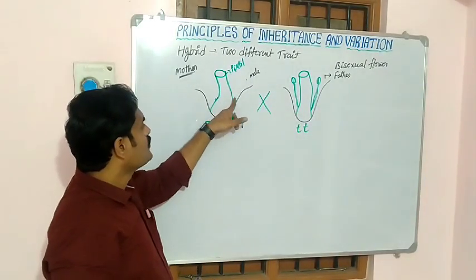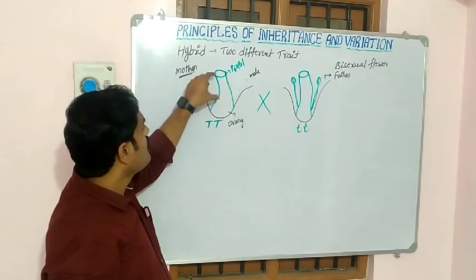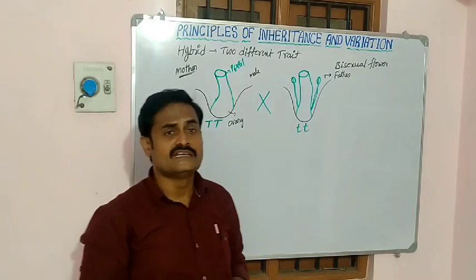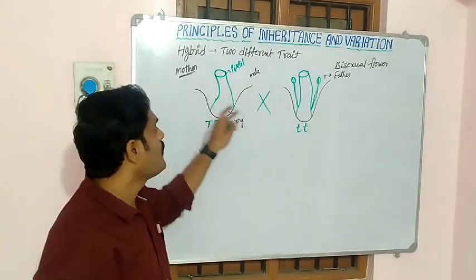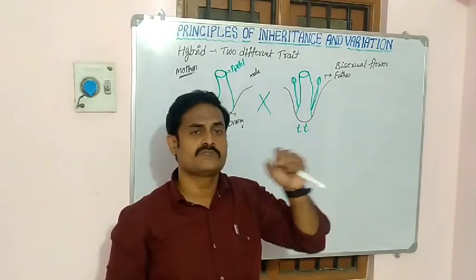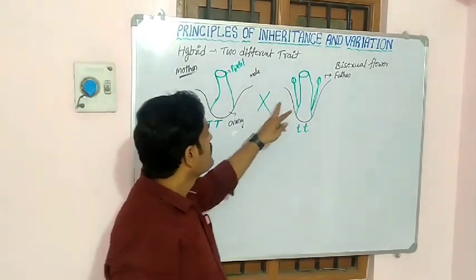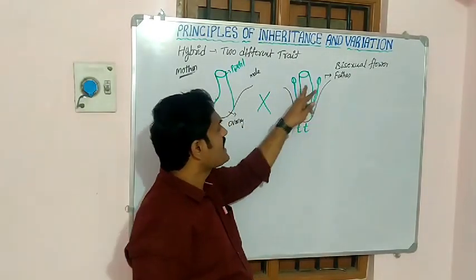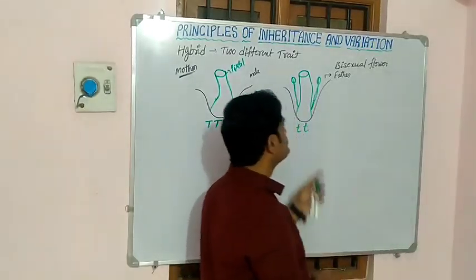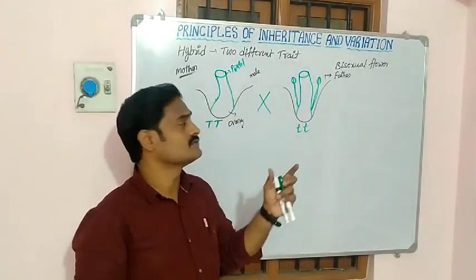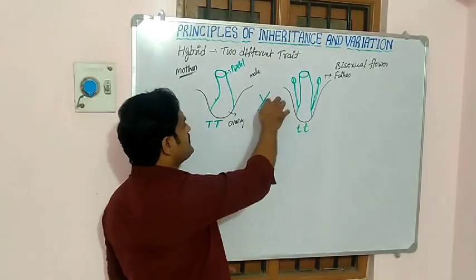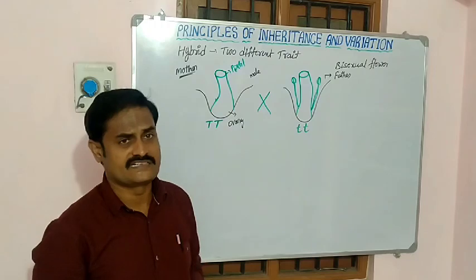When we remove the male organs from the flower, it becomes the mother, because it consists of only pistil. The plant flower having both pistil and stamens is called the father. Okay, crossing between the two parental plants.